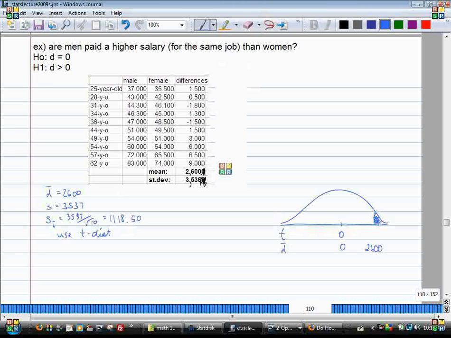And shade to the right of 2600. Because these numbers are so big, I guess I'm being a little liberal. You shouldn't get something totally different. If you want to use that, that's fine.